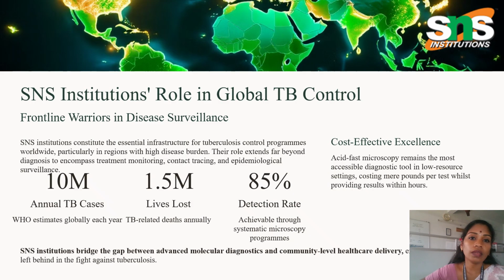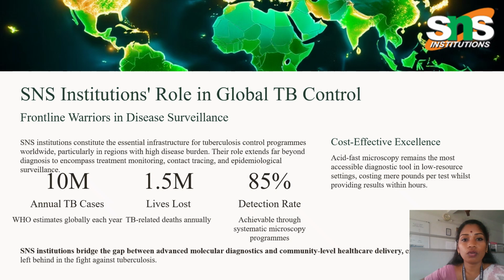Finally, we play a vital role in global TB control, from diagnosis to treatment. Following the five pillar concept, precision, protection, and process, we ensure high quality diagnosis, biosafety, and a continuous learning process.